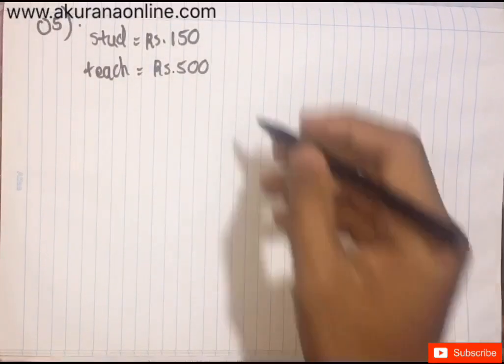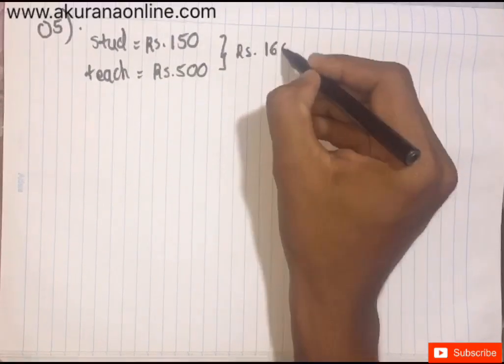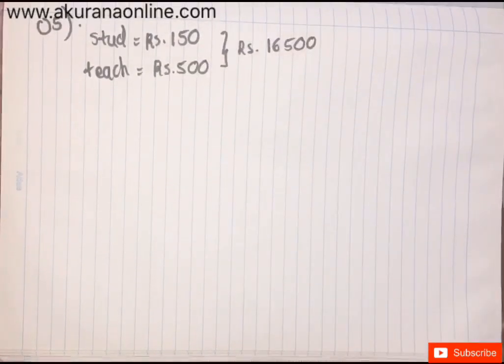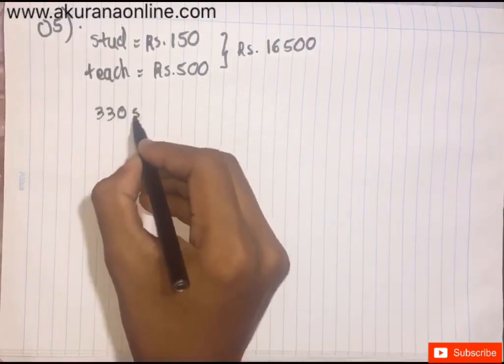Total they get is 16,500 rupees. Now, they have said that 330 saplings are brought with this money, and all of them are distributed to be planted by giving each student 5 saplings and each teacher 2 saplings. Altogether, there are 330 saplings.